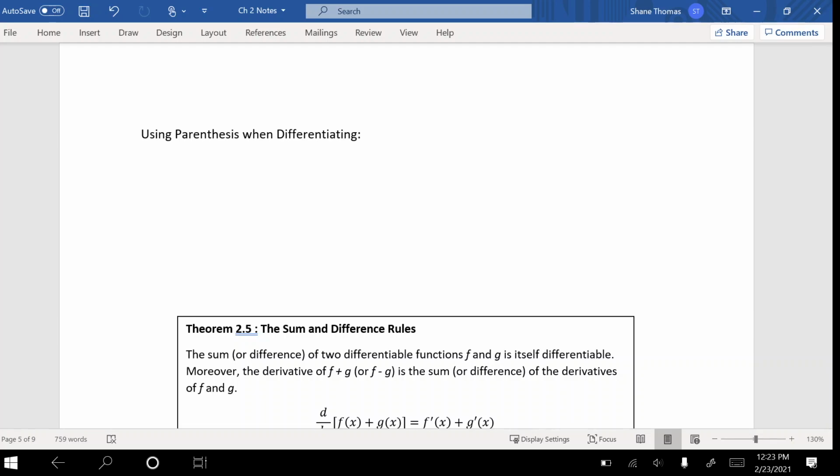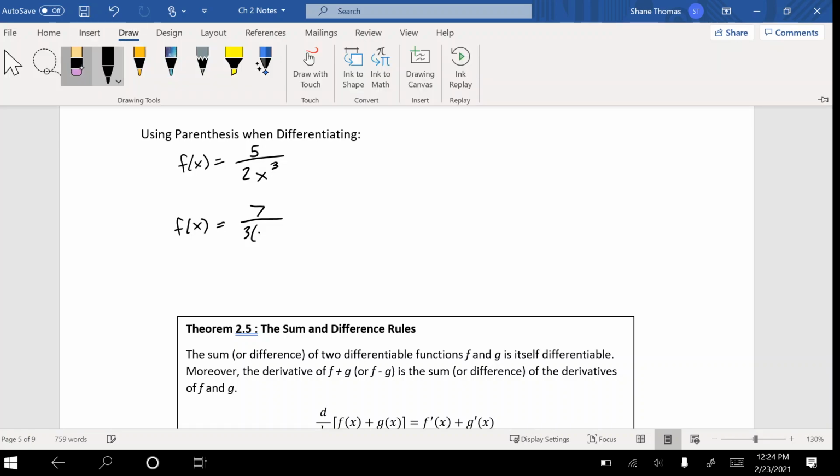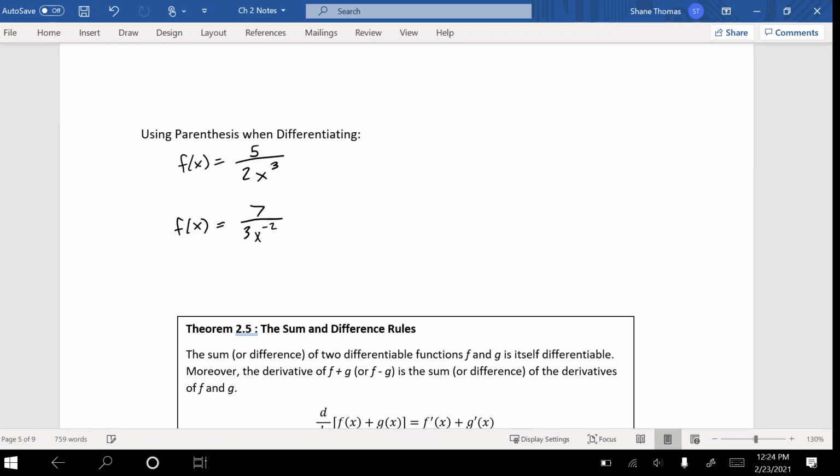So let's go f of x equals 5 over 2x to the third. f of x equals 7 over 3, and then x to the negative 2, and then f of x equals 7 over 3x to the negative 2. All right, there's 3 problems there. Give you a couple minutes to try them.